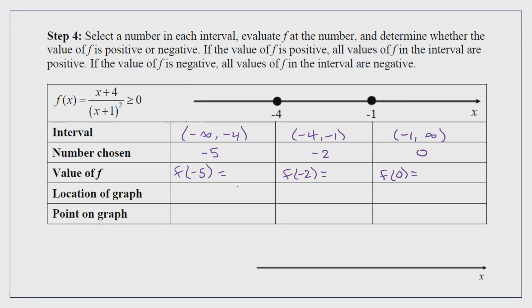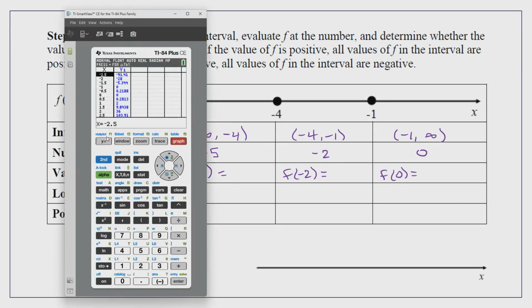Okay, so we'll grab our calculator to help us, and we'll go to y equals, we'll clear this out, we'll enter in our f of x. So we have x plus 4 in the numerator, and then we have the quantity (x plus 1) squared in the denominator.